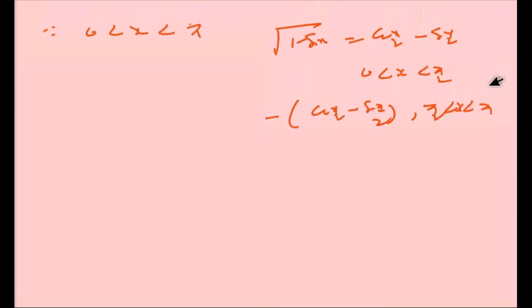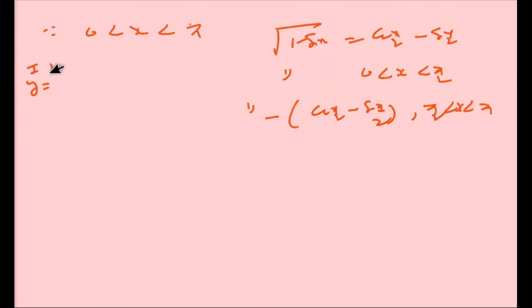So in the first case, 0 less than x less than pi by 2, we got the value, and that is the second case.